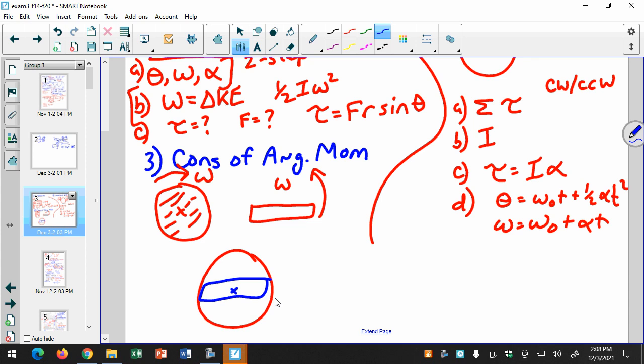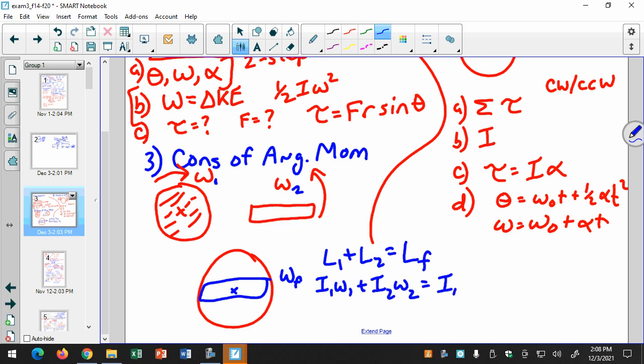Okay, and so if I call this omega 1, omega 2, and this, I'll call this omega final, the way that you would do this is you would say L1 plus L2 equals L final. L1 would be I1 omega 1 plus I2 omega 2 is equal to I1 plus I2, because it's a perfectly inelastic collision, that's where they stick together, times omega final.